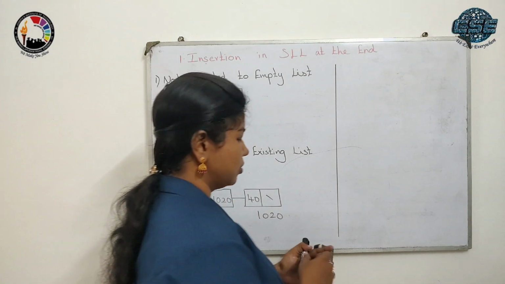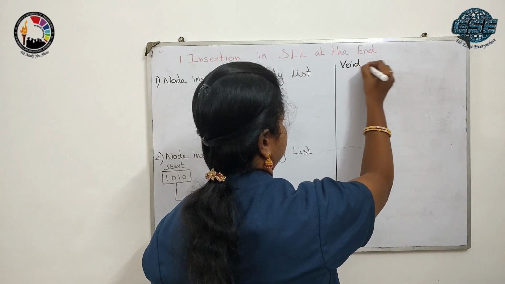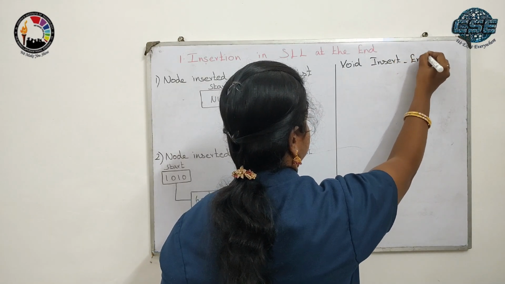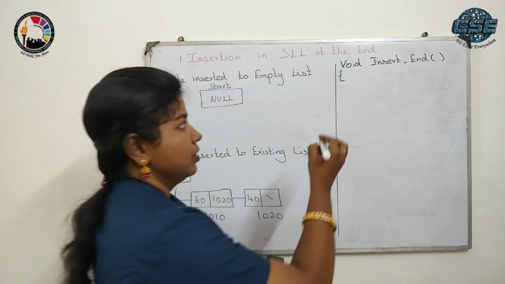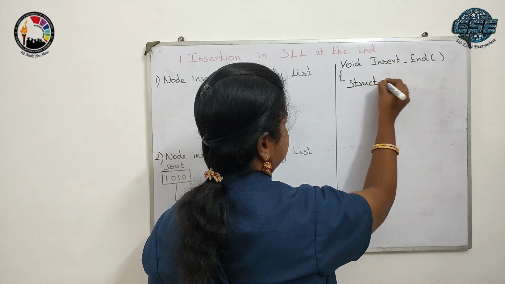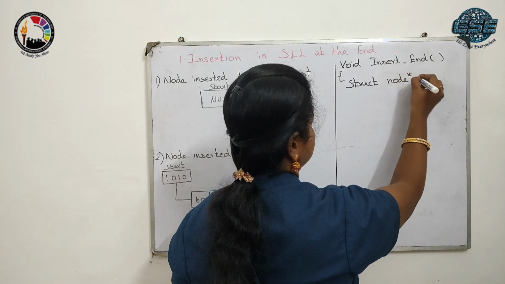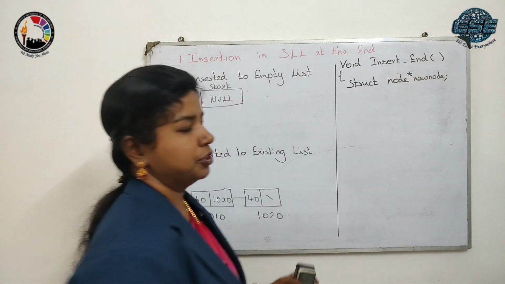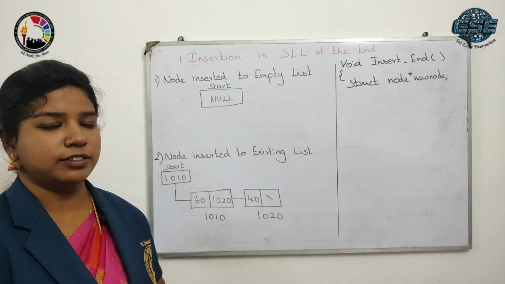So I'll write the code simultaneously. Insert end is the name of my function. For creating a new node, I am writing a structure definition. As usual, we have to create a new node using the malloc function and the structure definition.